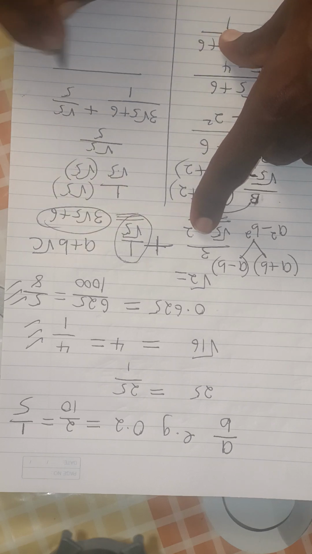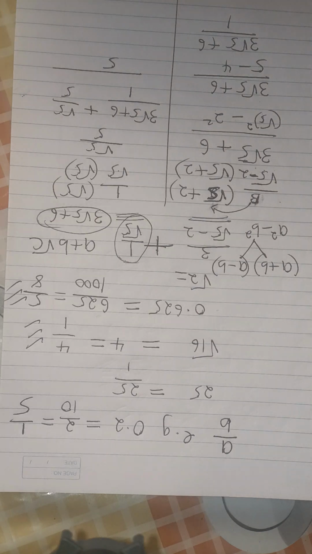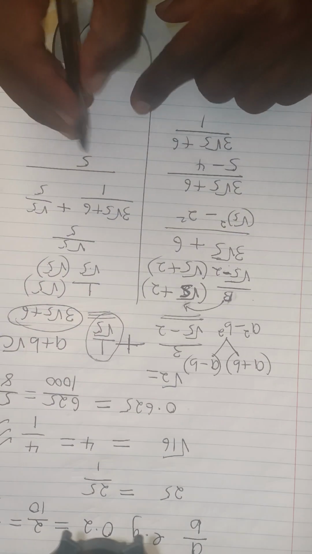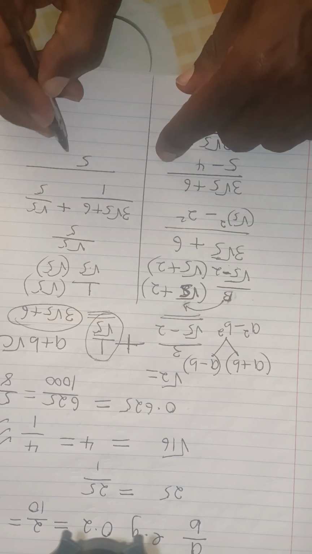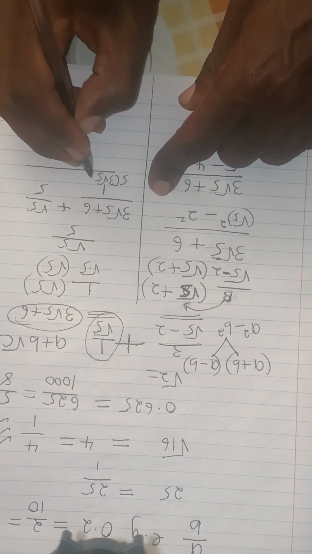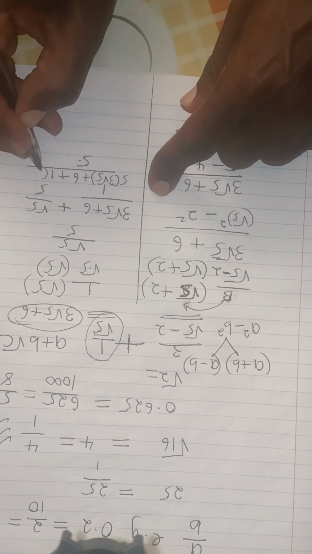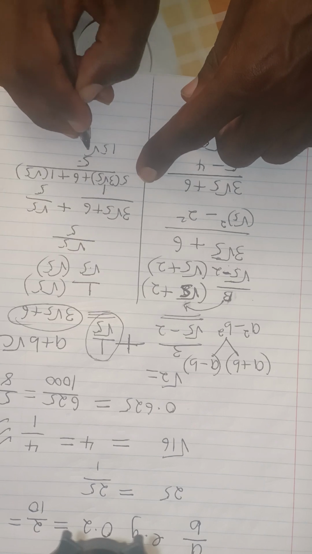The LCM of 1 and 5 is 5 because we are going to treat them as fractions. Then later on we shall have this. We shall have 1 into 5, that is 5. So we shall say 5 into 3 root 5, then plus 6, then plus 5 into 5, 1, so 1 into root 5. So this is 15 root 5.